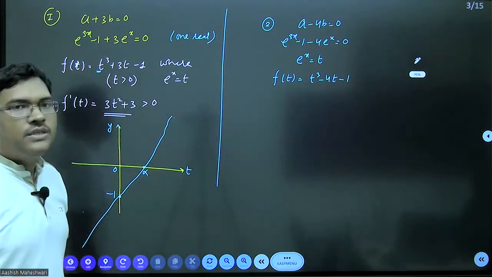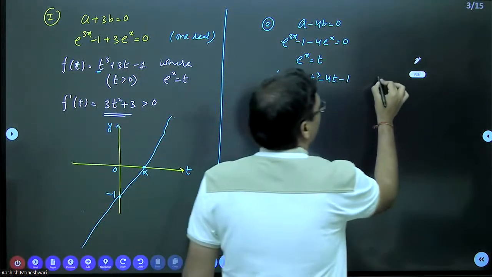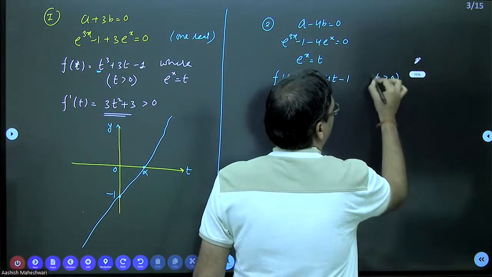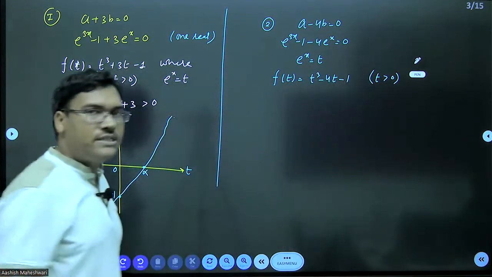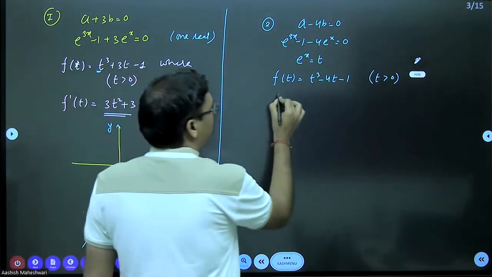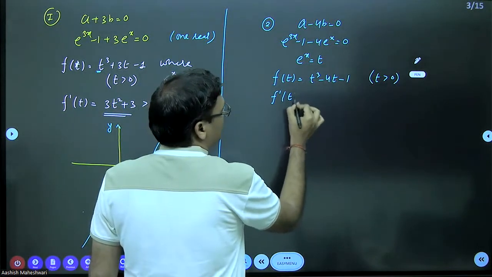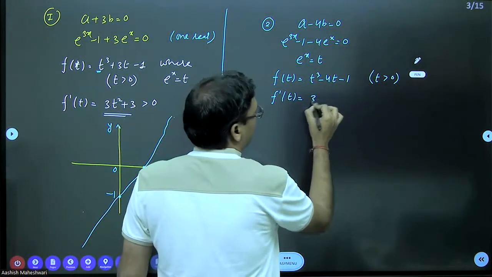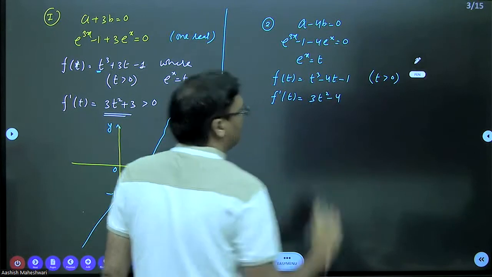Right? This is the equation in t, and t has to be a positive value. So if t is positive, you have to check how many roots it has, correct? Now again if you differentiate this, what is f dash t? This is 3t square minus 4. You can check this.